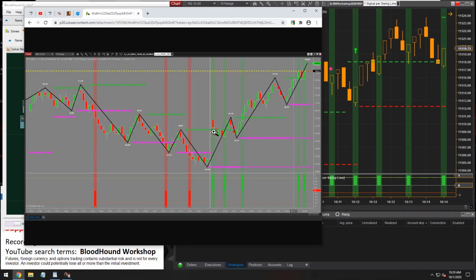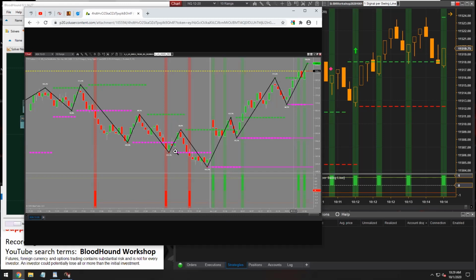So I'm not sure if that was intentional, or maybe it was just because his reset logic only allowed signals to get through when price had crossed a swing line.